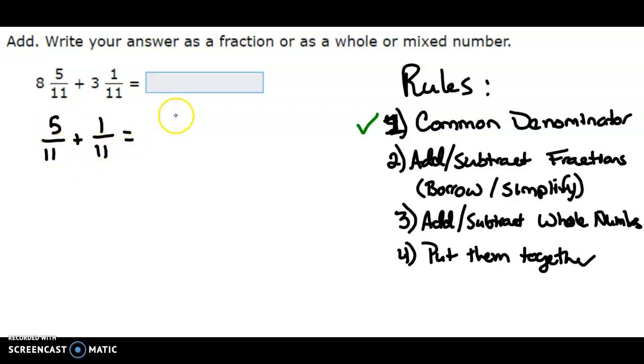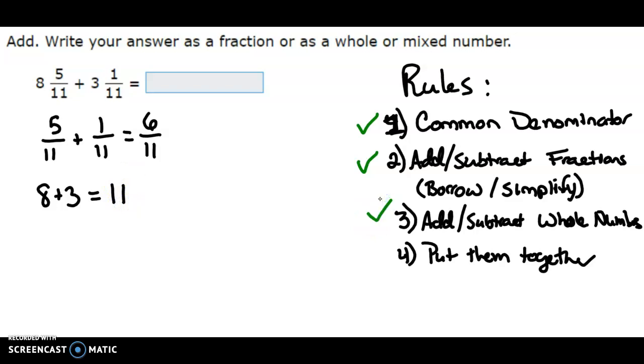Now 5/11 plus 1/11 equals 6/11. This is not an improper fraction, so there's no need to turn it into a mixed number, and it is already simplified. You cannot simplify 6/11. Step 2 is done. Step 3, to add or subtract the whole numbers. 8 plus 3 equals 11.